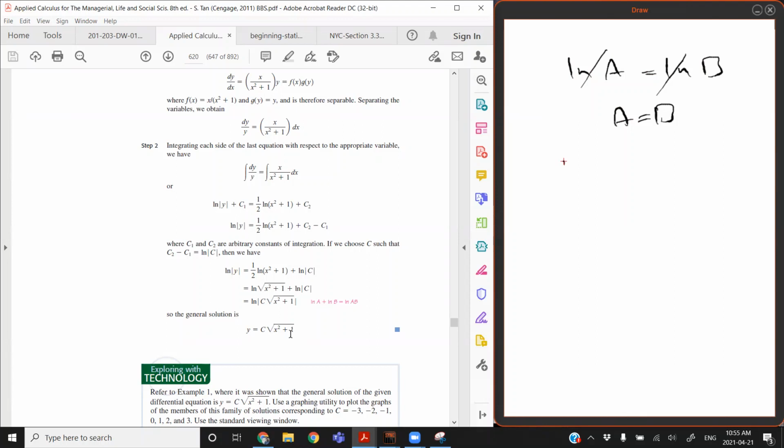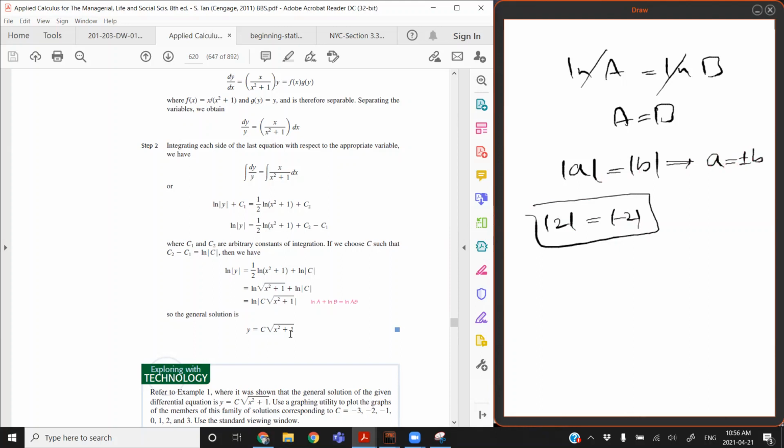In general, if you have absolute value of a is equal to absolute value of b, this does not imply that a equals b. a could also be minus b. So for example, absolute value of 2 and absolute value of minus 2 are the same, right? Both of them are 2. So this is true, but it doesn't imply that 2 is equal to minus 2. So in general, absolute value of a equals absolute value of b means a is equal to either plus or minus b.